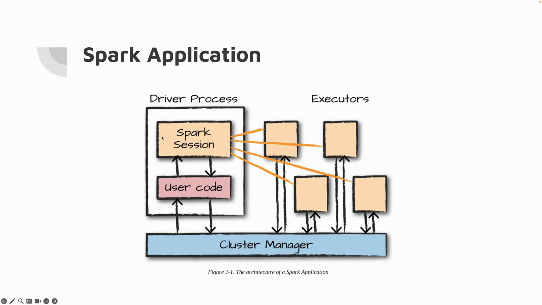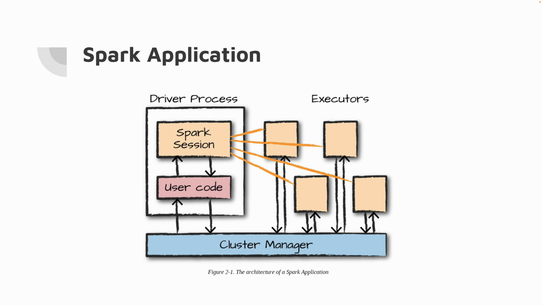It is like the brain, which has information about every other computer that is actually doing the work. Executors are the places where the actual data computation, data transformations, and actions are executed.